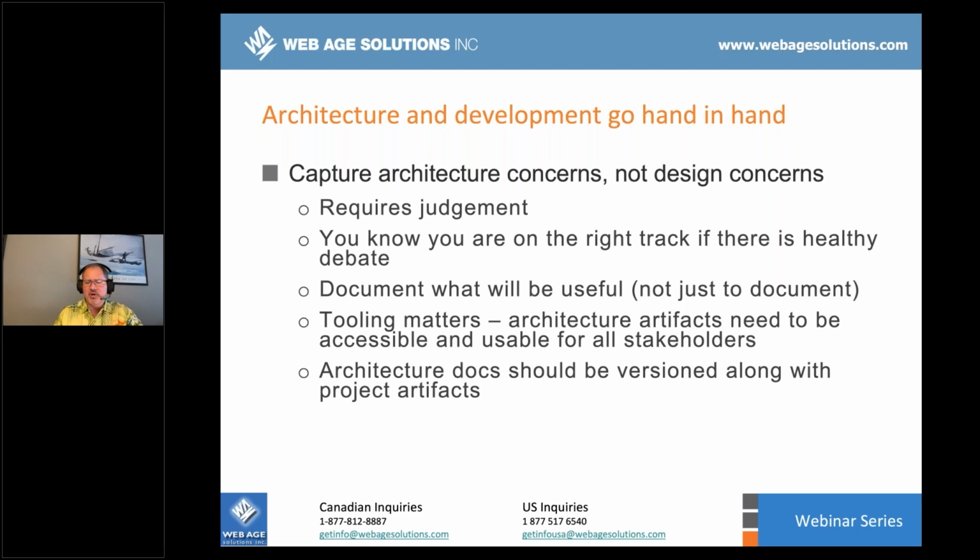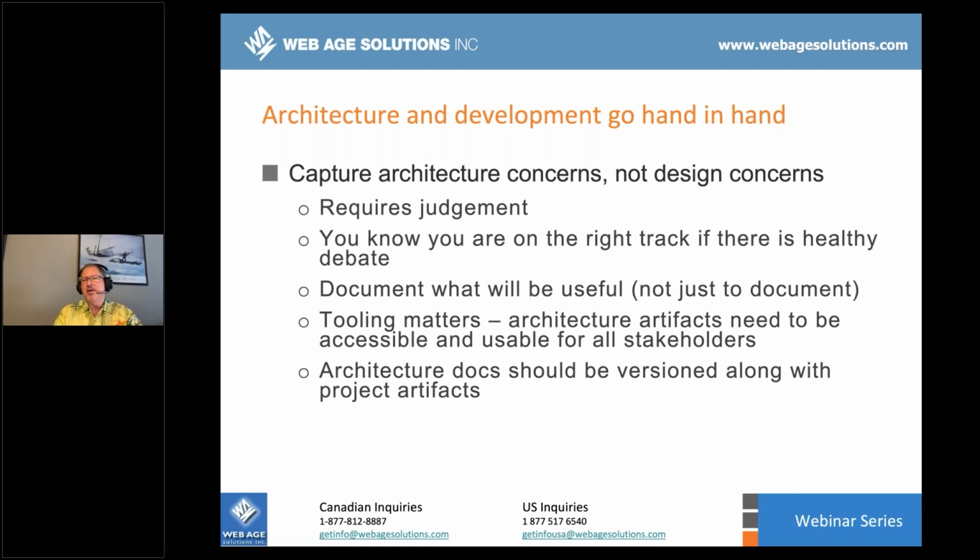But one of the things that I found to be a really useful touchstone is if I, as an architect, am working with developers, software engineers, and we're having some healthy debate about who's stepping on whose toes, then we're on the right track. That's a good thing. And what we want to do, and both architects and developers will also debate about this, is document what's useful.